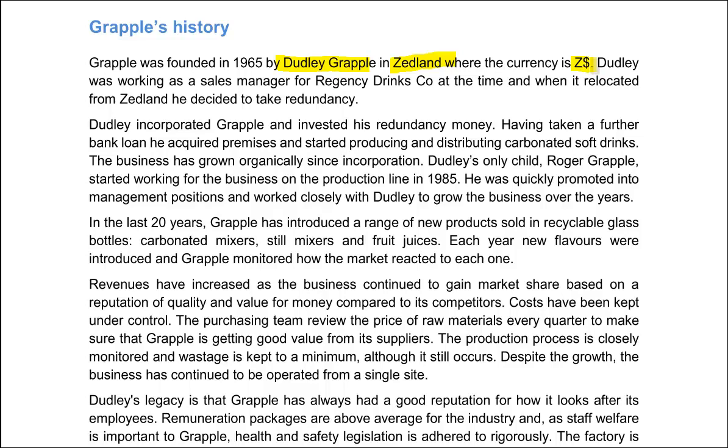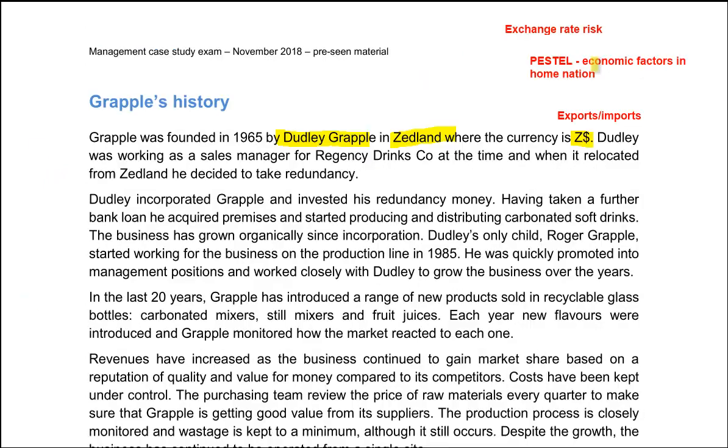So let's make a note here that actually this small thing gives us a lot to think about. So picking up from here, we've got our mention of PESTLE, exchange rate risks, the export-import aspects of being a different nation to what we might typically think of, the UK, given that CIMA are based in the UK, or maybe the US, for example.